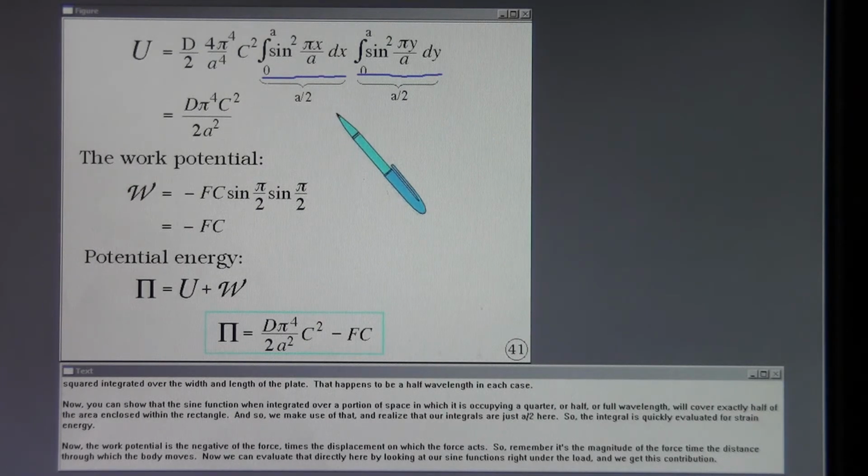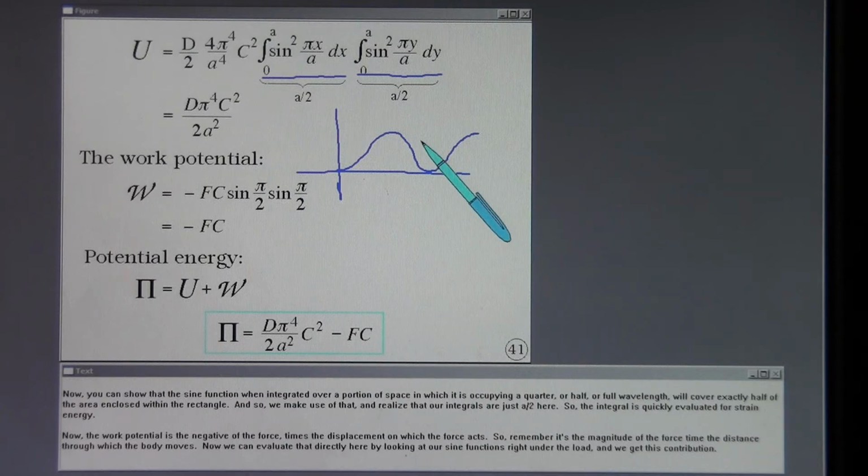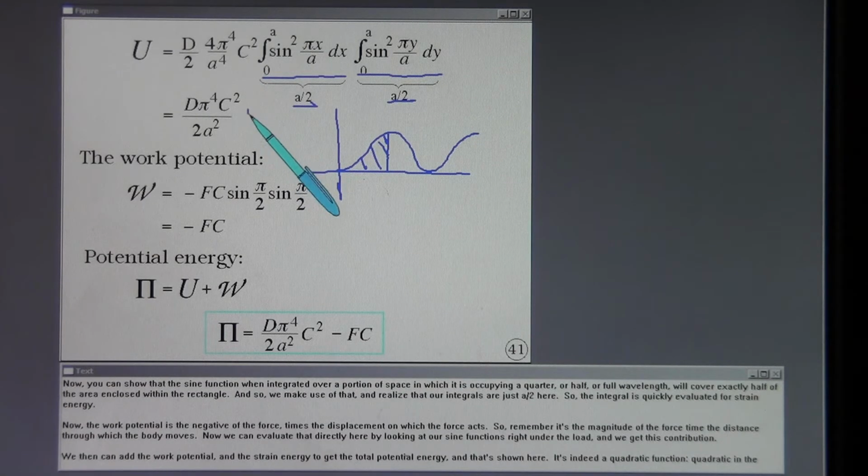Now, you can show that the sine function, when integrated over a portion of space in which it is occupying a quarter or half or full wavelength, will cover exactly half of the area enclosed within the rectangle. And so we make use of that and realize that our integrals are just a over 2 here. So the integral is quickly evaluated for strain energy.